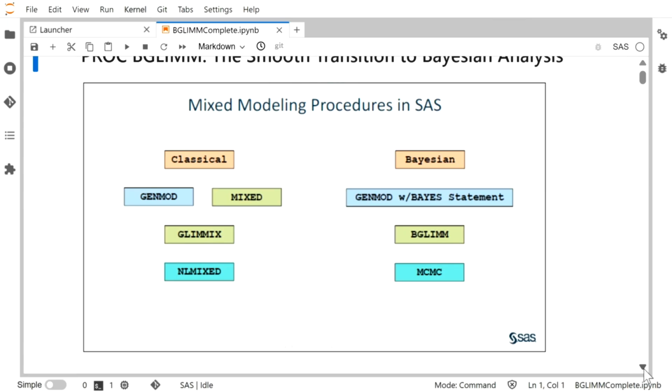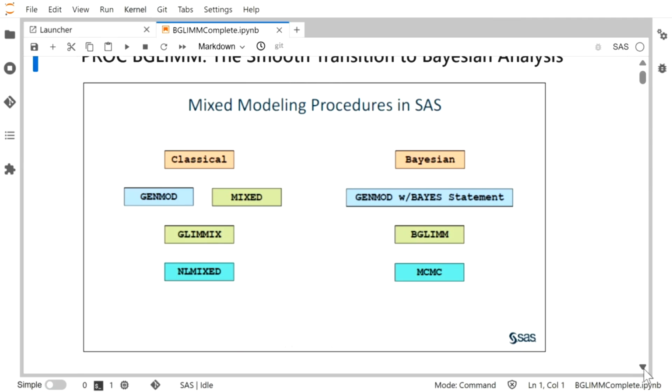Now, don't get me wrong, you'll be able to do plenty, but if you start trying to get a little bit advanced, things start going a little bit awry, and it might be even easier or better to have simply moved to the MCMC procedure. The MCMC procedure was the general purpose catch-all, purely written for Bayesian analysis by our development team.